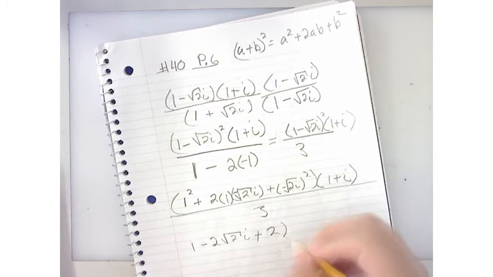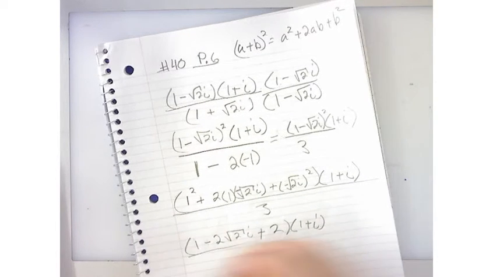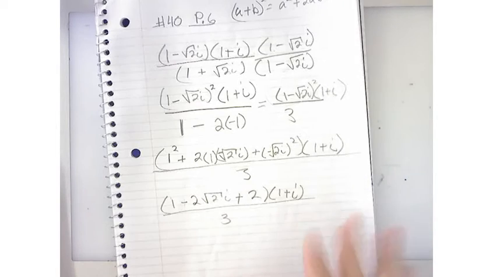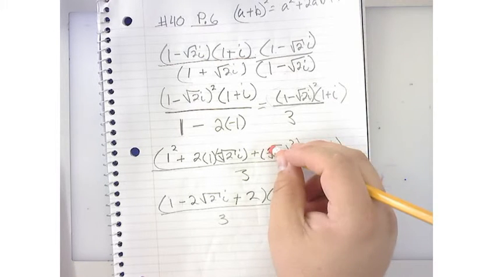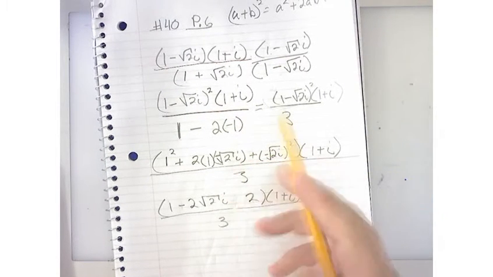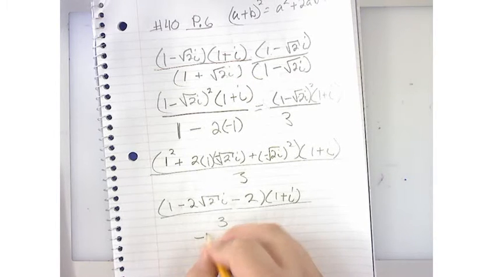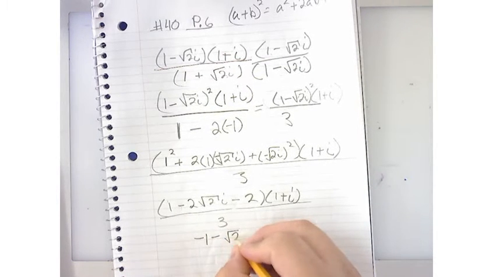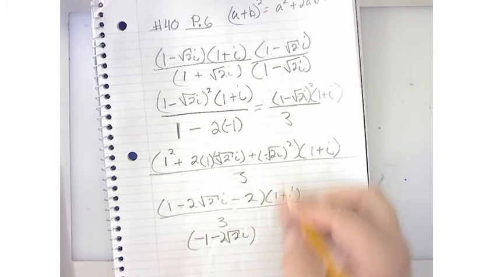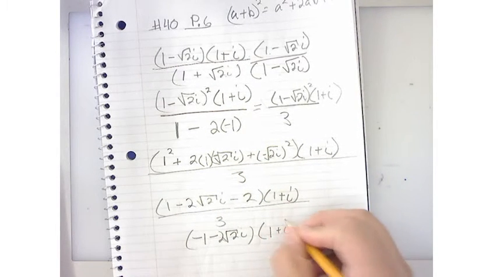And so that whole thing has to be multiplied by this. Wait, when I square this, this becomes positive, but then I have the i squared, so technically I think this is supposed to be minus 2. So if that's minus 2, then this should technically be negative 1 minus the square root 2i. Just want to double check and make sure that's correct. We'll find out in a second, I suppose.